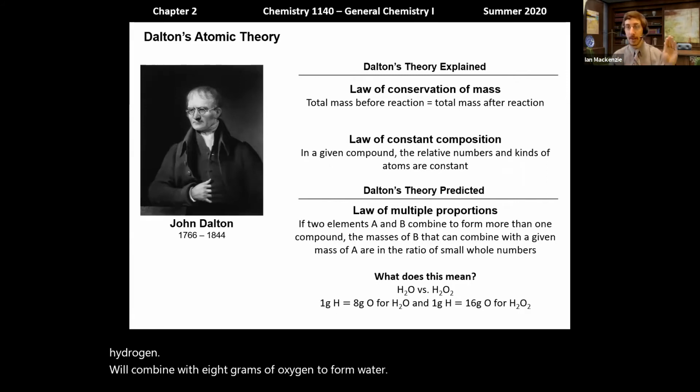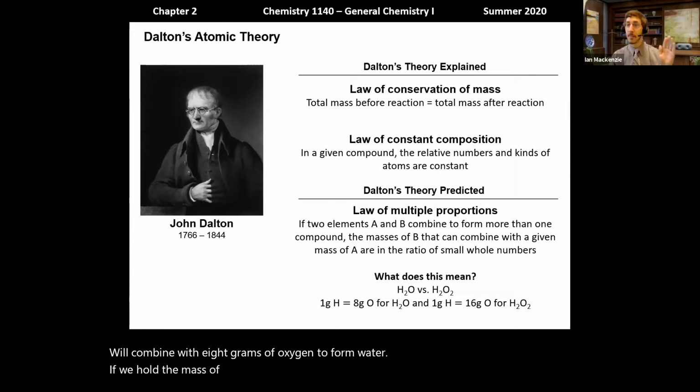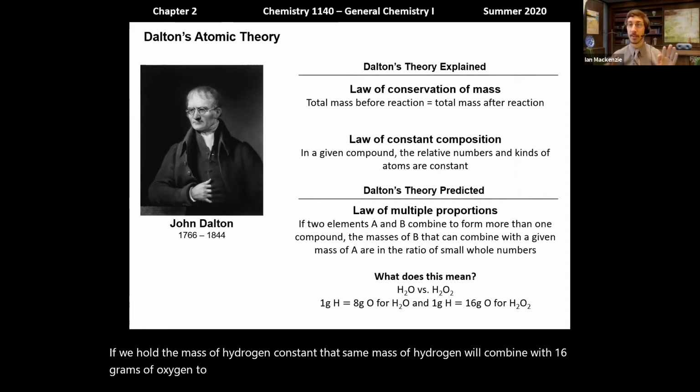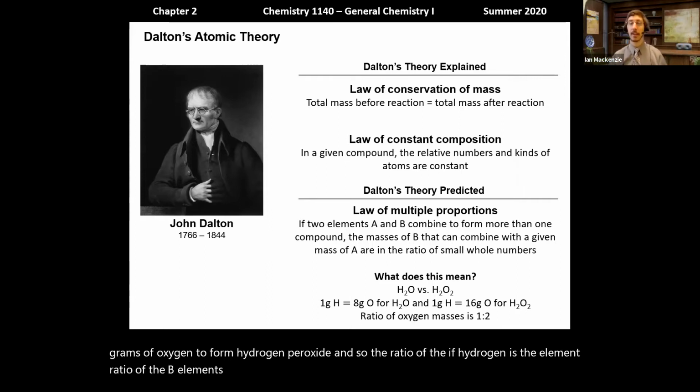That same mass of hydrogen will combine with 16 grams of oxygen to form hydrogen peroxide. And so if hydrogen is the A element, the ratio of the B elements to each other ends up being 1 to 2 in terms of their masses. That is what this law is essentially explaining.